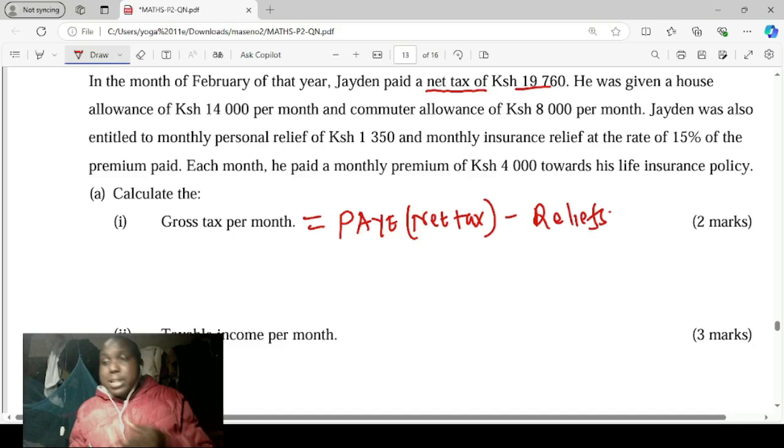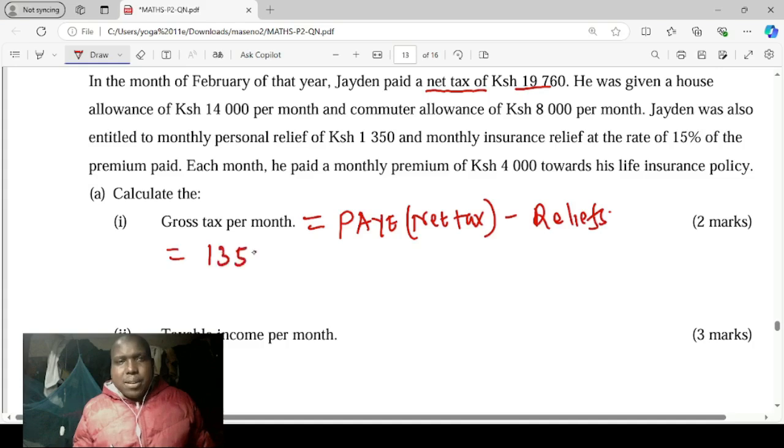Hapa anapewa reliefs mbili. So this one is equal to pay, which is 13,500. We are going to add, because now to get gross tax, we are going to add.